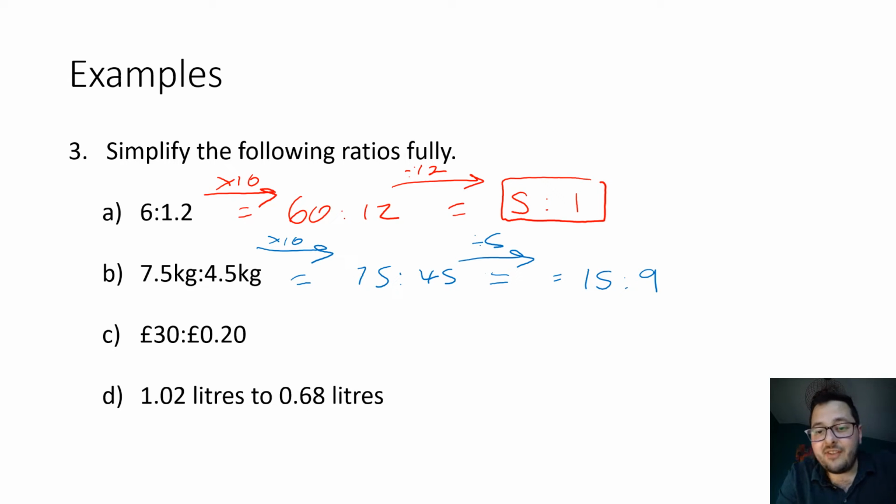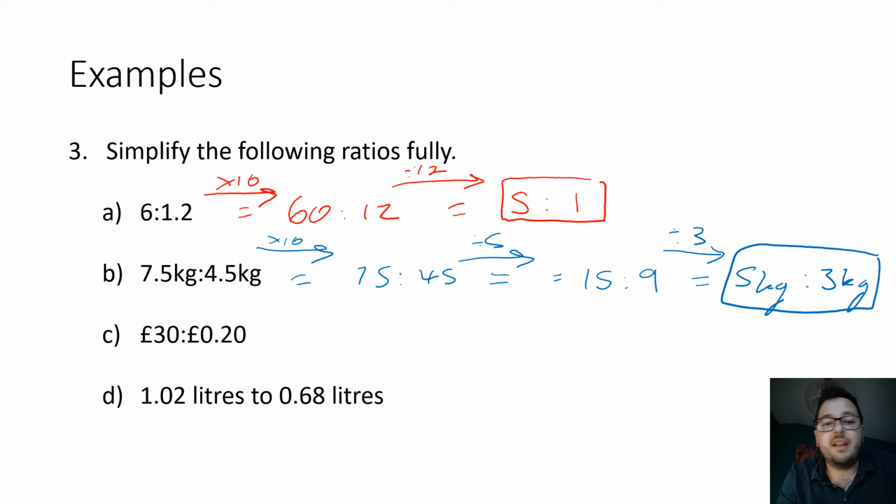And actually, we can divide again, can't we, by 3. So we can divide by 3. And then I'll put back in the units, so 5 kilograms to 3 kilograms. And that's our answer.